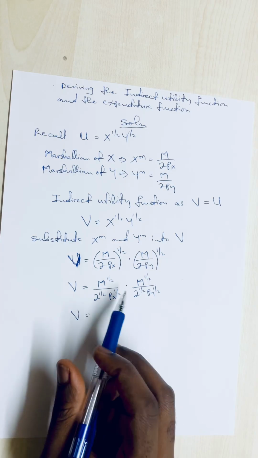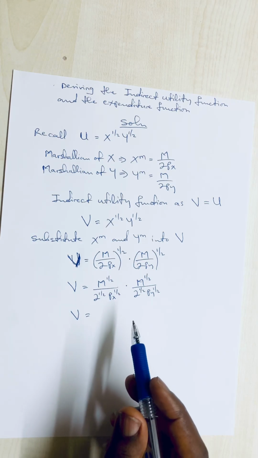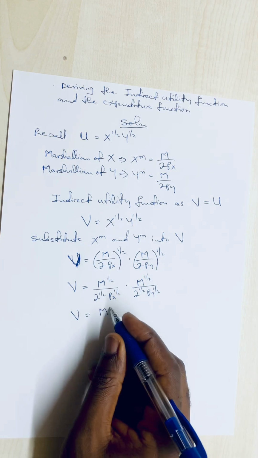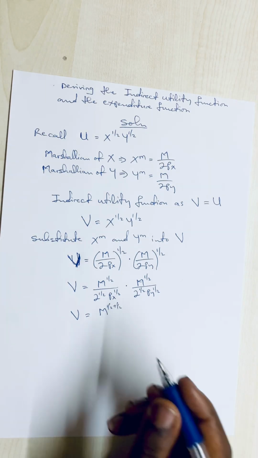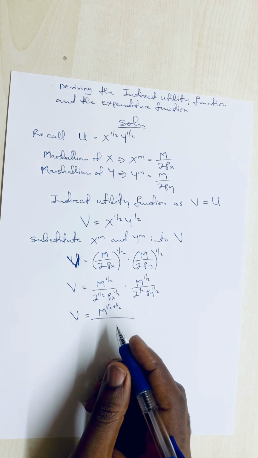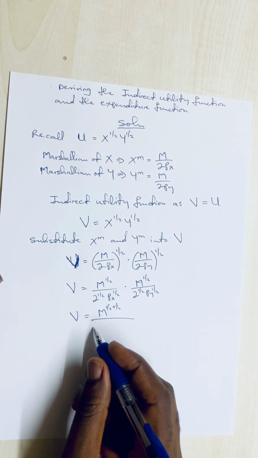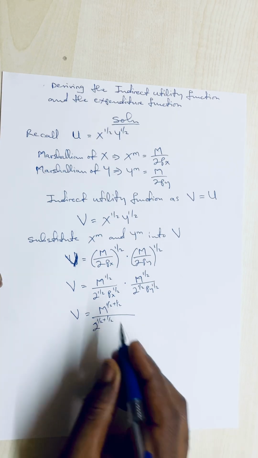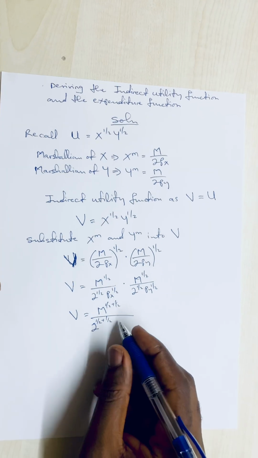So you have M half times M half. Because the bases are the same, both of them are M, so you can take one and add the powers. So you have M half plus half, which is basically 1. Divided by, this is also 2 half, 2 half, so it's like 2 half plus half. Px half, py half: the bases are not the same, so you cannot add them. So you just leave them as that.